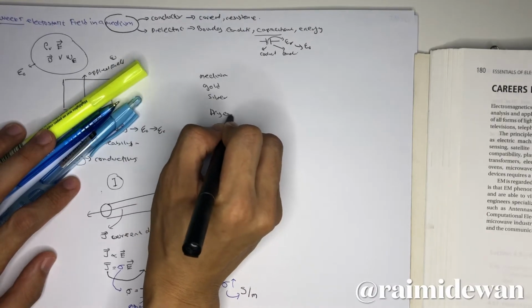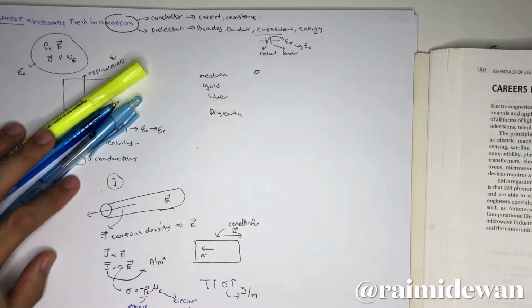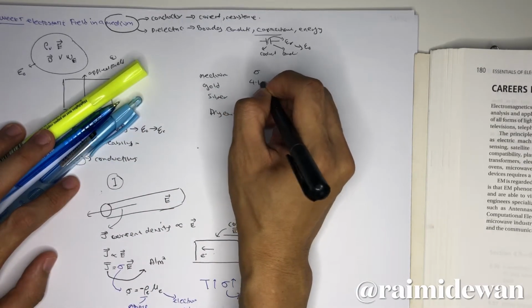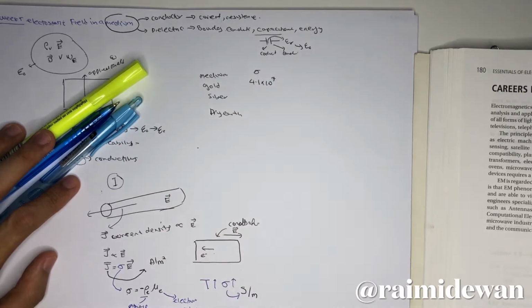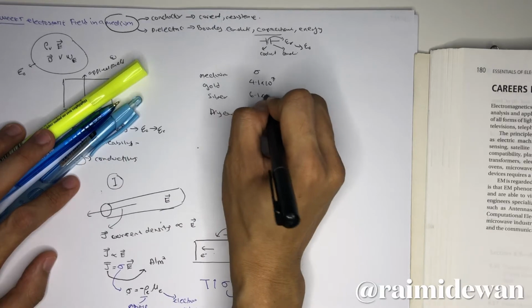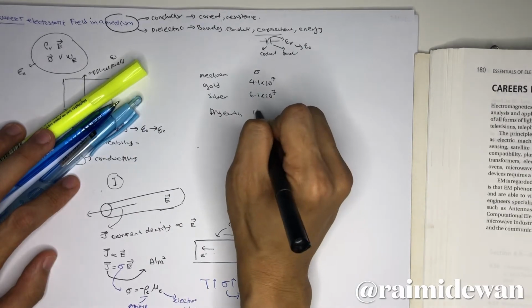This one you can get from your slide. The conductivity for gold is 4.1 times 10 to the power of 7, for silver is 6.1 times 10 to the power of 7, and for dry earth is 10 to the power of 5.